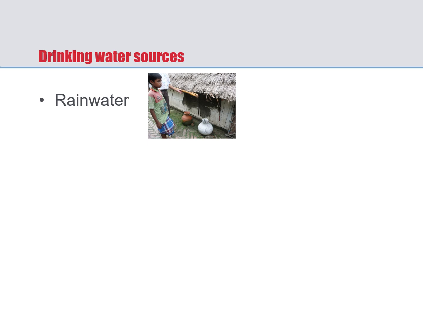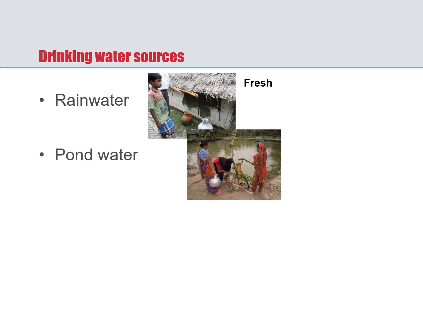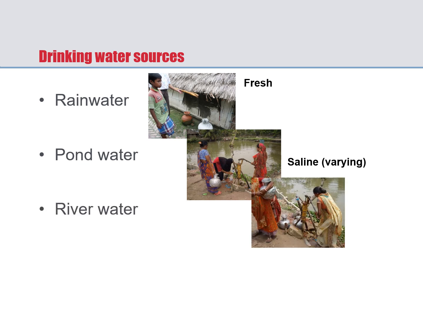So alternatively, they use rainwater, which is fresh, and also pond water. They build the pond to harvest the rainwater for bathing and for daily use. However, the water in the drinking pond is not fresh, and so there's still another way, like using river water.